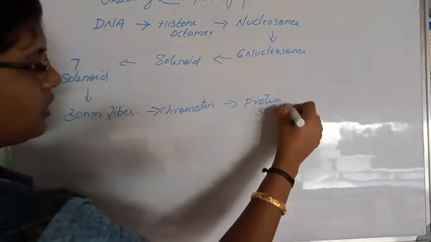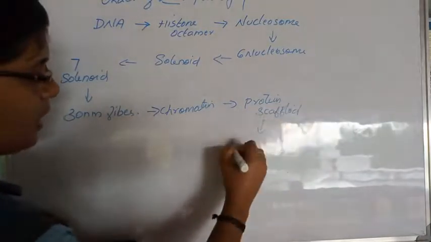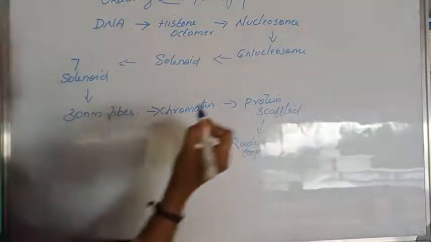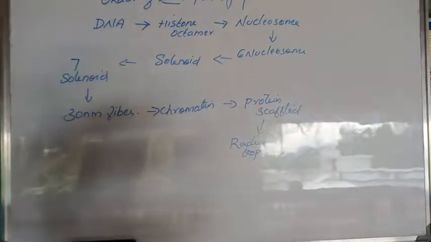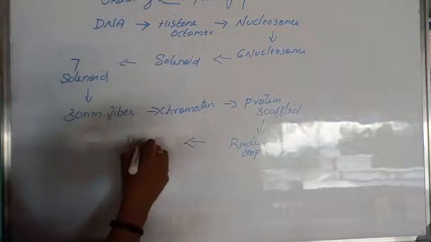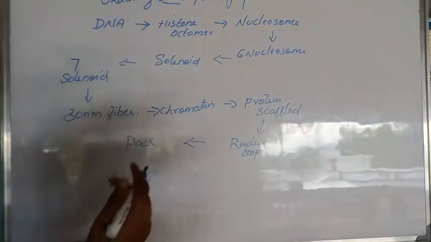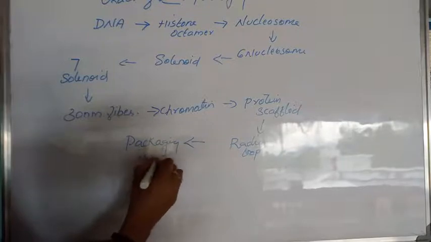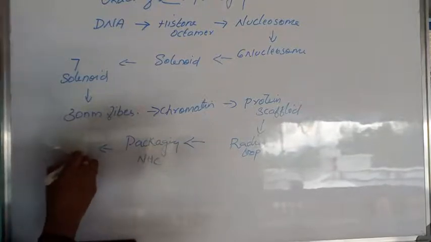Then finally it becomes the radial loops, in which we can see the chromatin under the microscope. Then the radial loops are packed with non-histone chromosomal proteins. Finally, it becomes a chromosome.